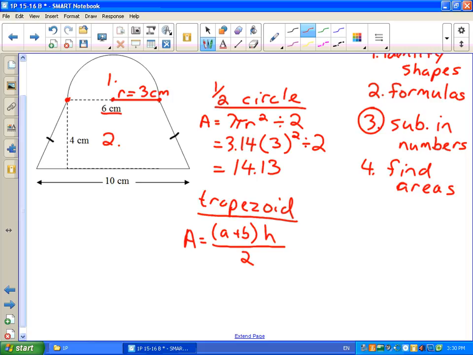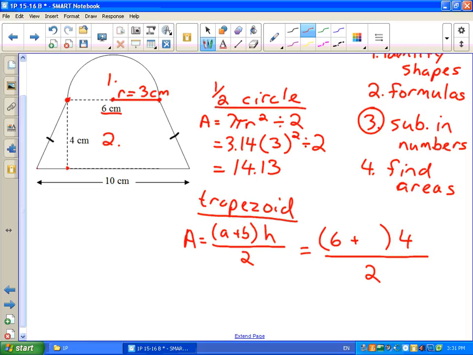Now I move on to my trapezoid. Area is (a plus b) times h divided by 2. H is this distance from the bottom up to the top, so that is going to be 4. What are these a and b? A is the top of my trapezoid, and b is the bottom. A is this distance from here to here, that's going to be 6.